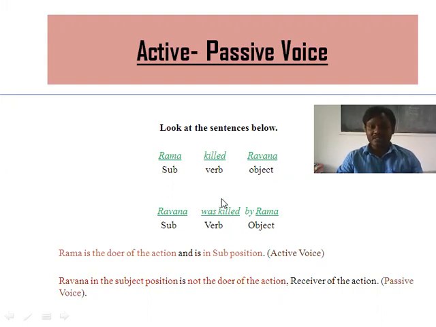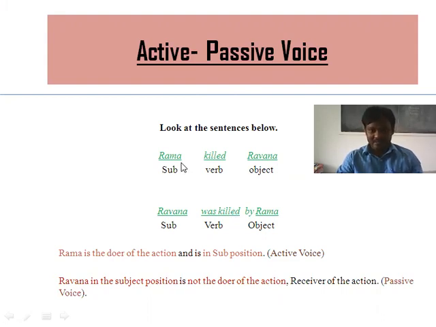We generally say that be form verb plus V3, the past participle form of the verb, is called a passive form of the verb. See here, the Rama has gone into the object position, the Ravana has taken the subject position, and the verb has transformed into a passive verb.